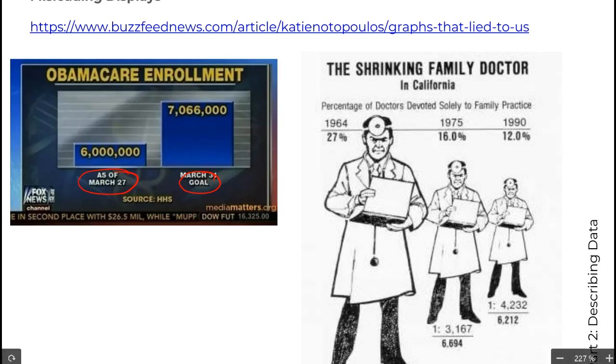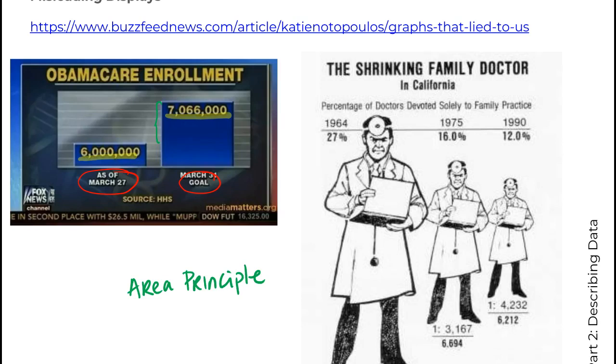But then when you dive a little bit deeper into this graph, you see these numbers are not that different. I mean, it's 1 million people, which is significant, but the way this is written out, it looks like this is over twice as many people that they still need in terms of enrollment. So what's wrong with this graph is that it actually violates something us statisticians call the area principle. And that is when your first cursory look, that first instinct is to look at the area of the 2 bars.